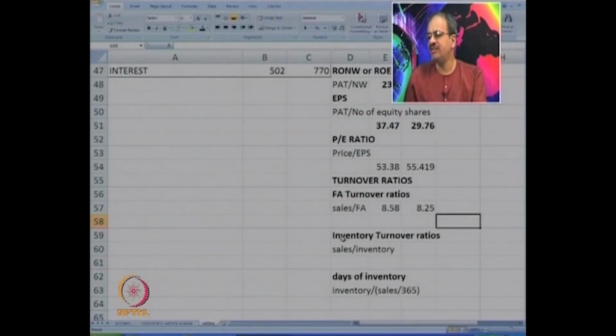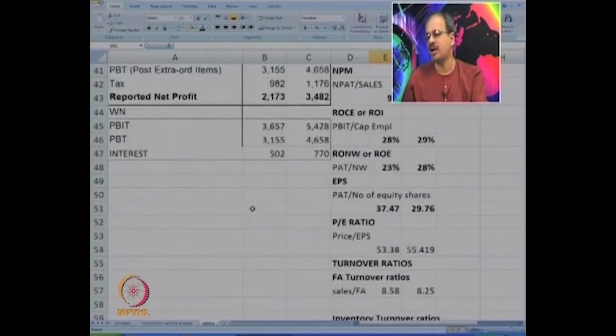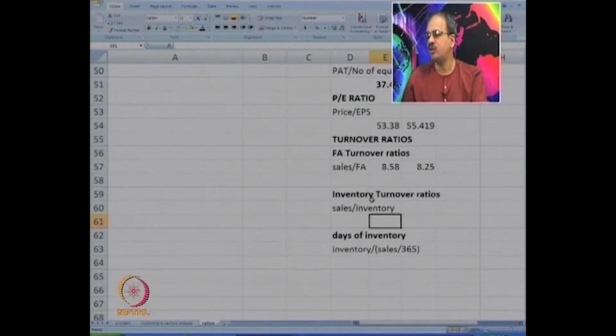Same way you have the inventory turnover ratio. In inventory turnover ratio, we try to relate sales upon inventory. Sometimes we calculate cost of sales upon inventory. In this case, the cost of sales is not available, so we will calculate sales upon inventory.